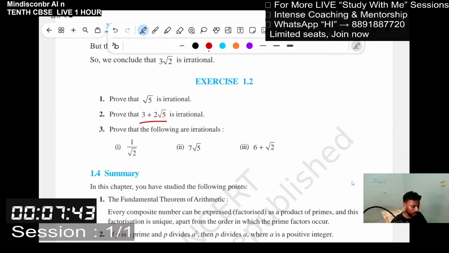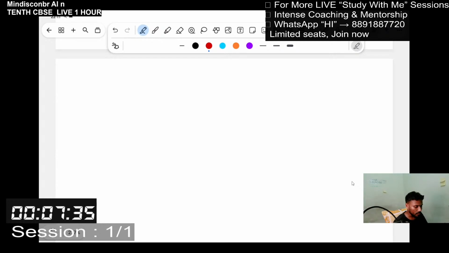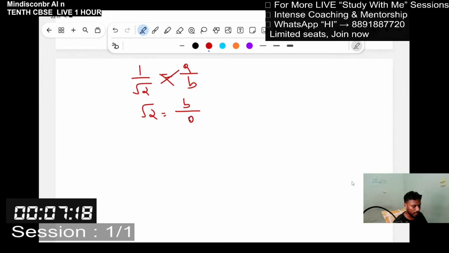Okay, then coming to the next question, prove that the following are irrational. 1 by root 2. Let us assume that 1 by root 2 is rational. Then we can write 1 by root 2 is equal to a by b, where a and b are integers, b not equal to 0, and a and b are co-prime. Then we can write it as root 2 is equal to b by a. This is a rational number.